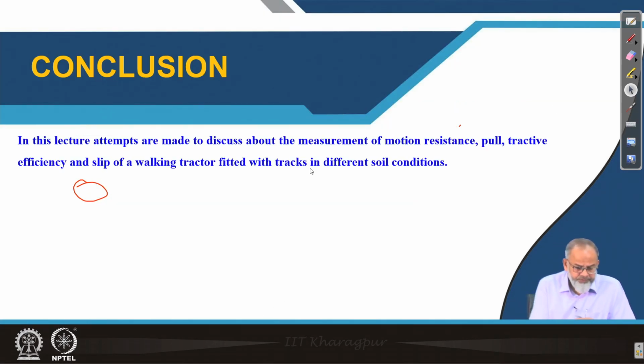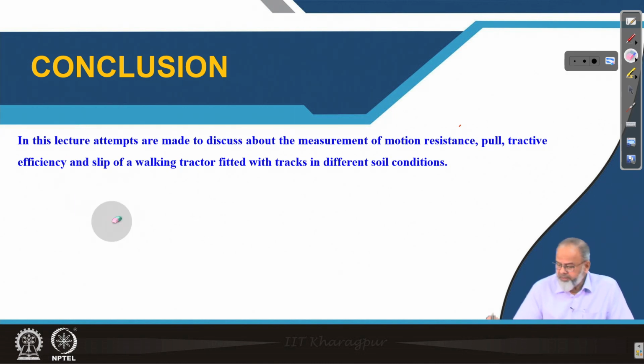In this lecture, I tried to discuss the measurement techniques, how to measure the different tractive performance parameters like rolling resistance, pull and slip, and then the data obtained related to a walking tractor fitted with tracks.